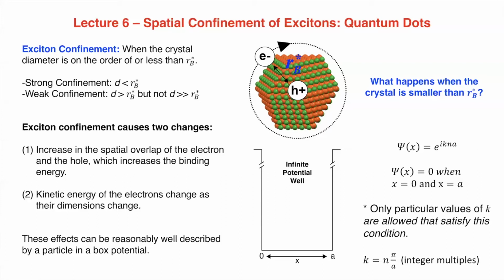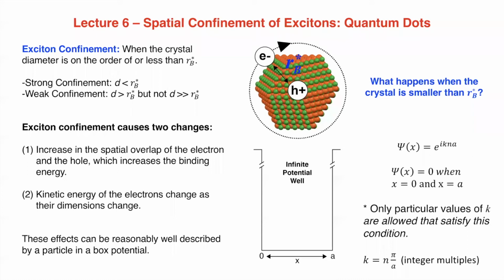Now, this picture is useful because the wave function has to decay to 0 at the edges of the potential well. So psi must be equal to 0 when x is equal to 0 or when x is equal to a. If you set that boundary condition, only particular values of k, the quantum number, actually satisfy that condition. It's integer multiples of pi over a that satisfy it.